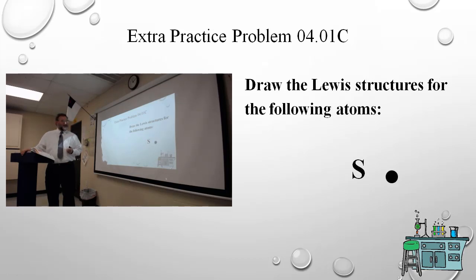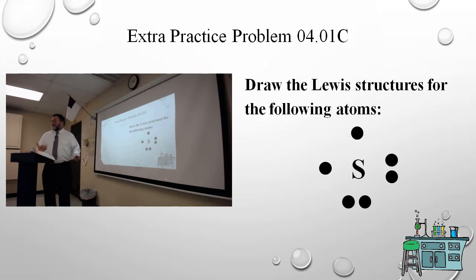Let's go. 3, 6, 9, 12, 3, 6, and we're done, right? There's 6. So remember, if you're trying to draw it, you want to say, well, where are there going to be doubles? How many more than 4 do I have? 2. Okay, so my first 2 places are going to be doubled up. 3, 6, 9, 12, 3, 6. There's all of my valence electrons. Okay, pass it, and here we go.